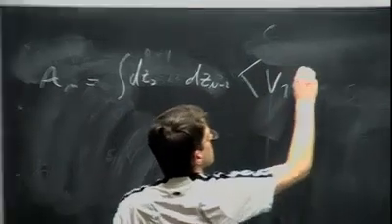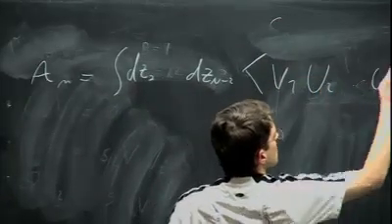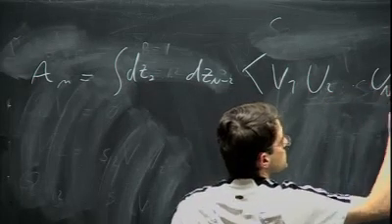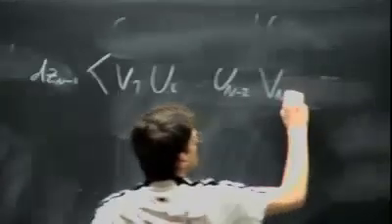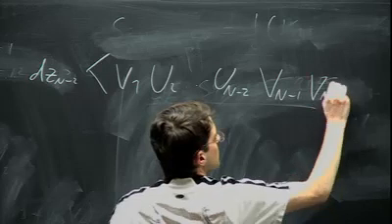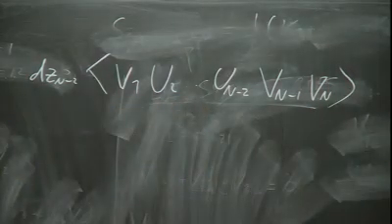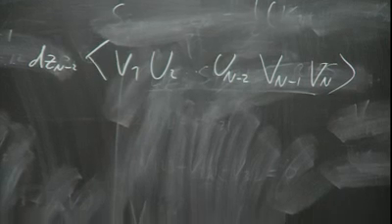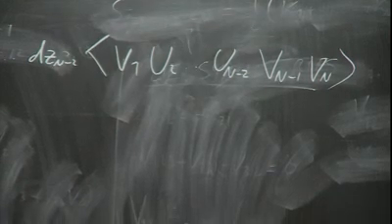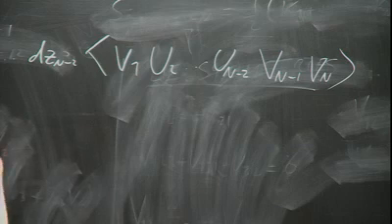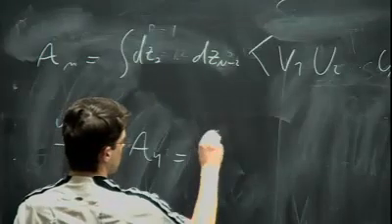V1, then U2, ... U n minus 2, V n minus 1, V n. And we already did the 4-point amplitude some lectures ago. And the result was the following.